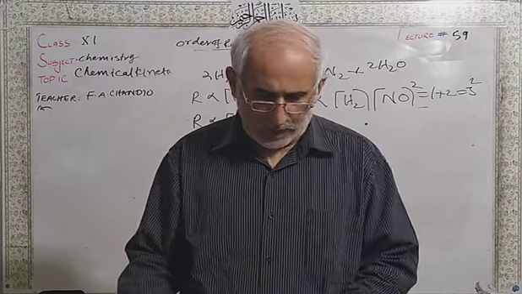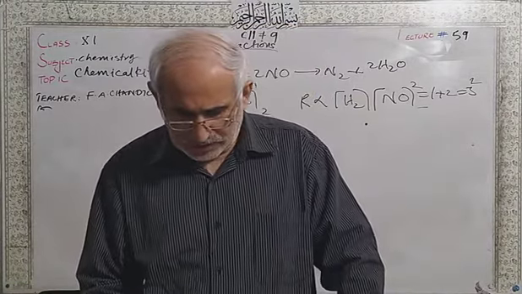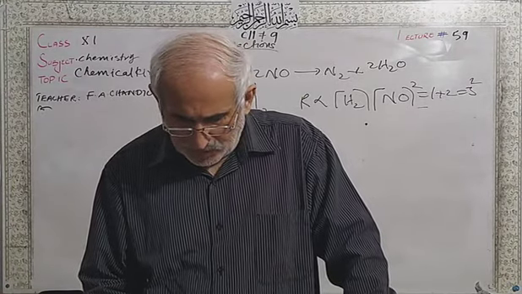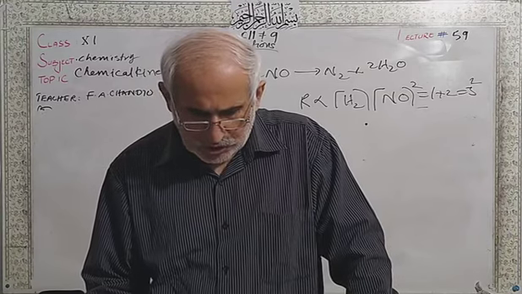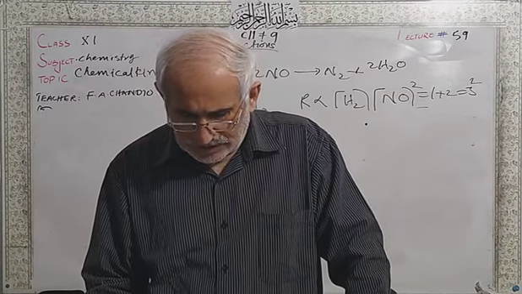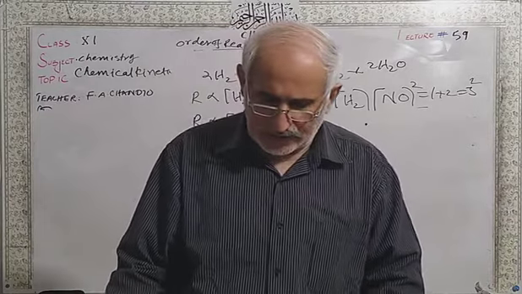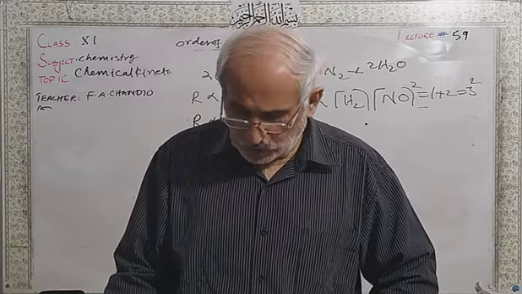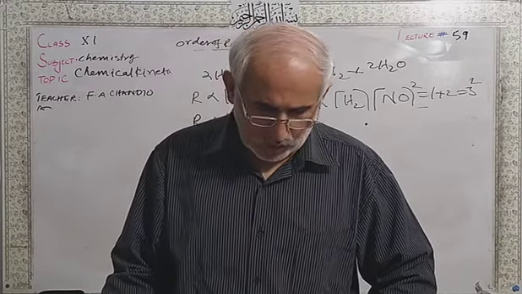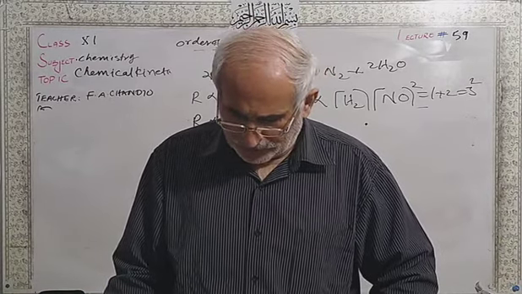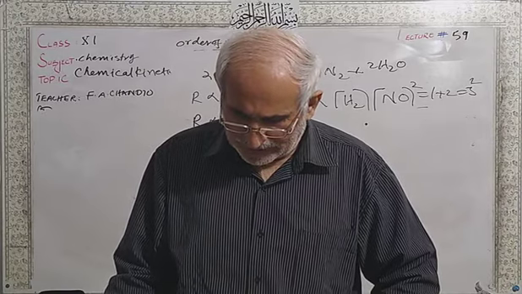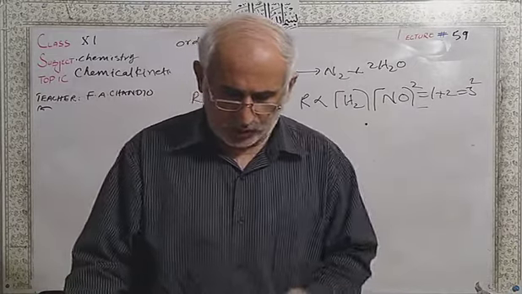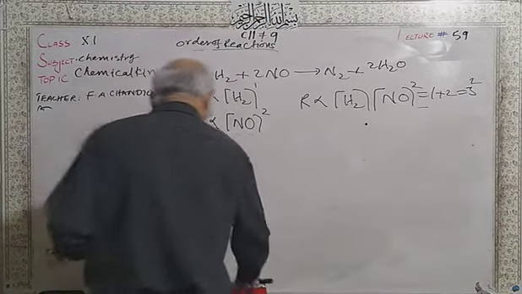If you see article 9.3, not 9.2, this is 9.2: collision theory, transition state and activation energy according to your reduced syllabus. So 3 topics we have to discuss here.